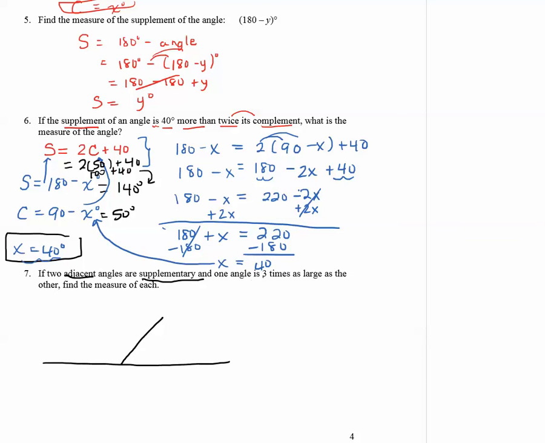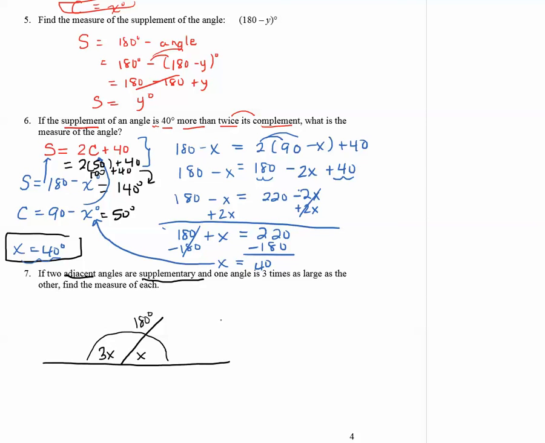It says one angle is 3 times as large as the other, so I'm going to make my bigger, wider angle be 3x, that's 3 times x, and my smaller angle is just regular x. The relationship of these two angles is that together they make a straight line, and a straight line is 180 degrees.